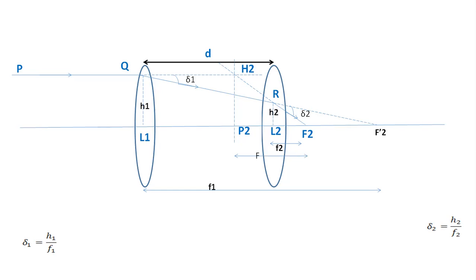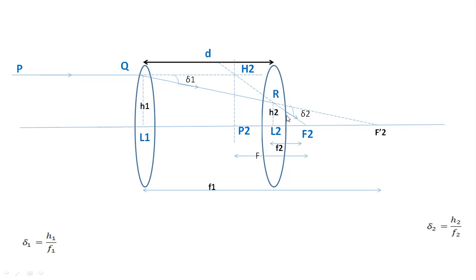Now, we get a triangle here, triangle QH2R. Now these are the two straight lines here, QF2 dash and H2F2 dash.